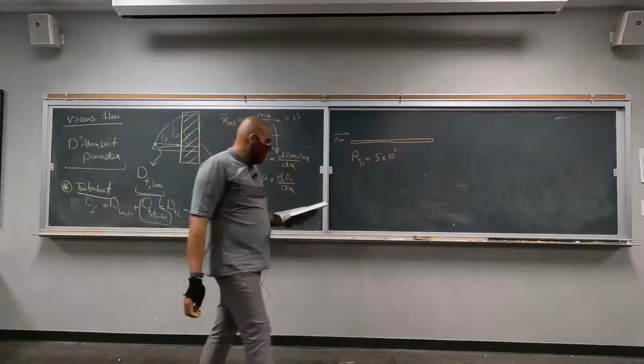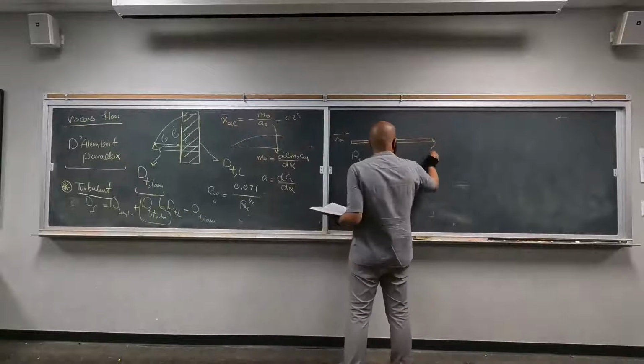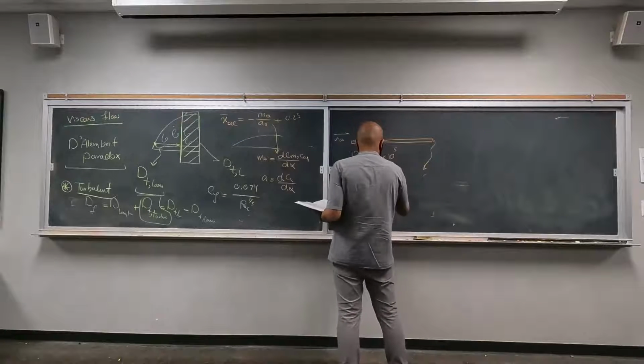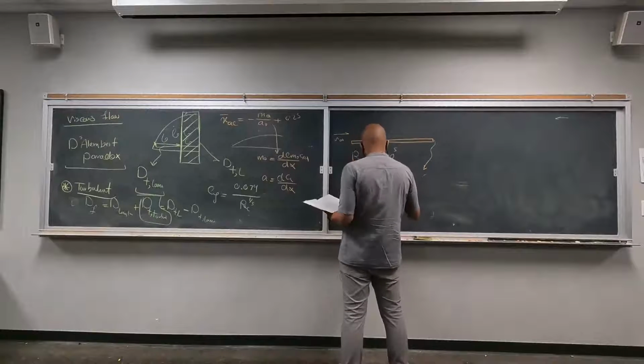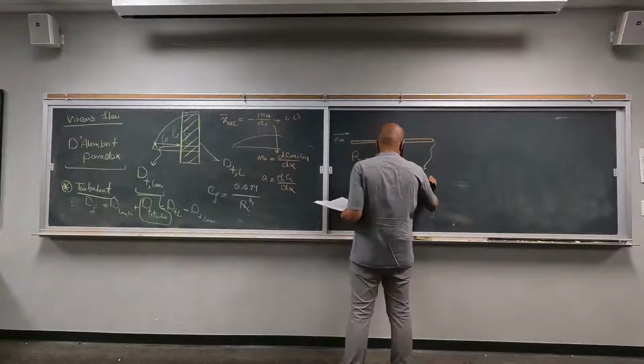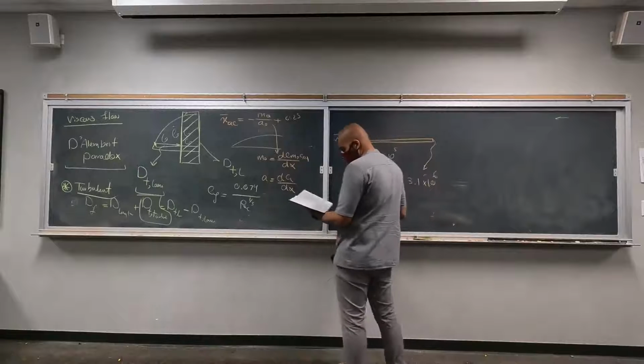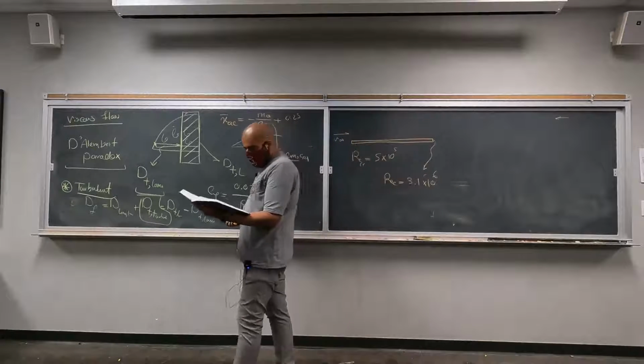The Reynolds number at the end is given to us to be 3.1 times 10 to the power 6.